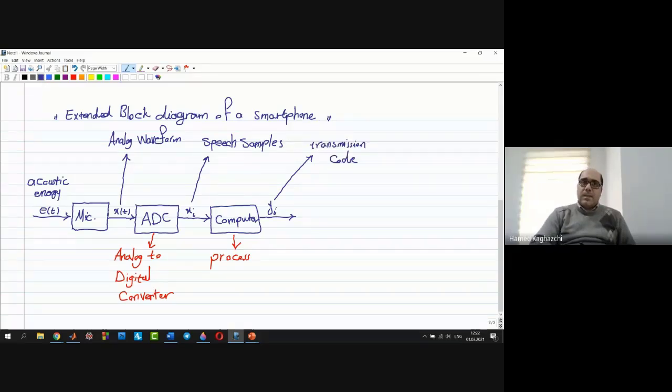This signal contains some information that is added in the computer block. Some process is done on the signal to get the y of t as a transmission code.